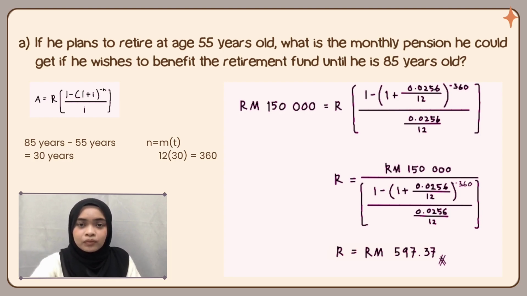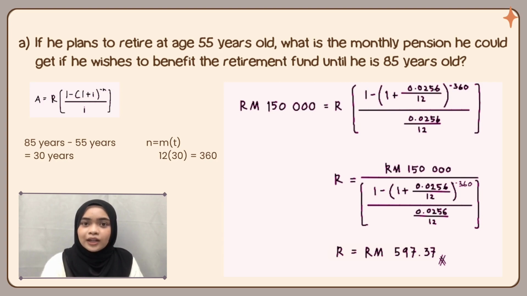Next, to find R: RM 150,000 equals R times 1 minus (1 plus I) where I is 0.0256 divided by 12, to the power of negative 360, divided by I, which is 0.0256 per 12.